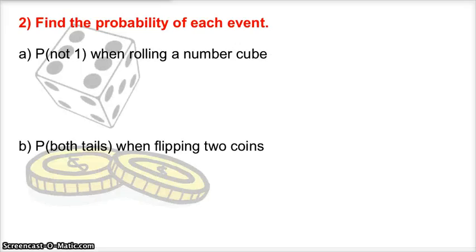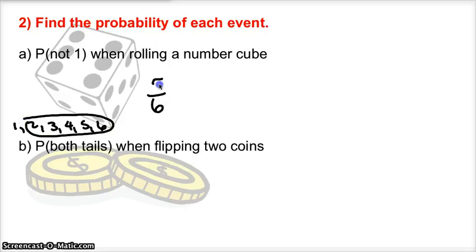All right, some examples. It says find the probability of each event. The probability of not a 1 when rolling a number cube. A number cube is just a dice, so how many options do we have? The total possible outcomes, there are 6. You could roll a 1, a 2, a 3, a 4, a 5, or a 6. The probability of rolling something that is not a 1 are all of these options, so there are 5 out of 6 chances.